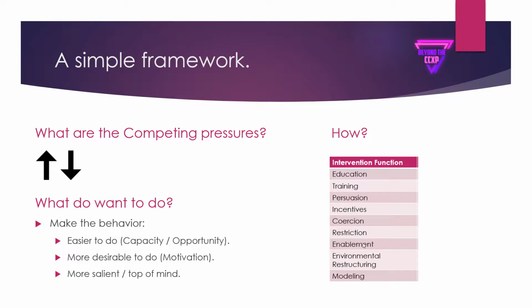And then finally, you can turn to Con B and say, okay, how are we going to do that? And then you can look at each of their intervention types. There's lots of information on the internet about this. You can read about these in more depth and the different tactics that can be used with each of these categories.